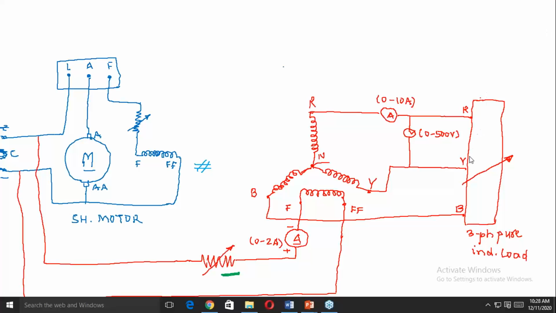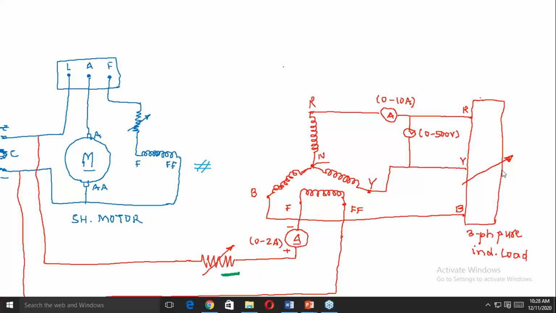If we increase the load, what happens? If we increase the load on the generator, what happens with load? What happens with frequency? Saurabh, what happens?